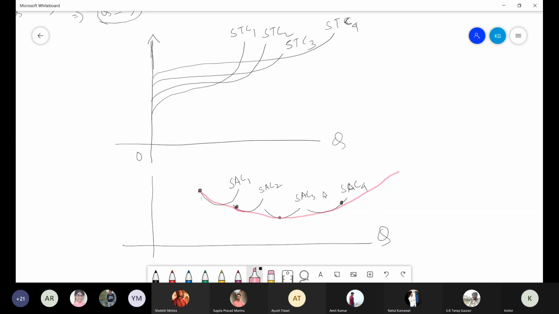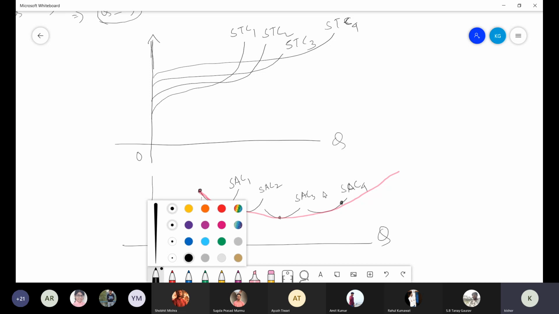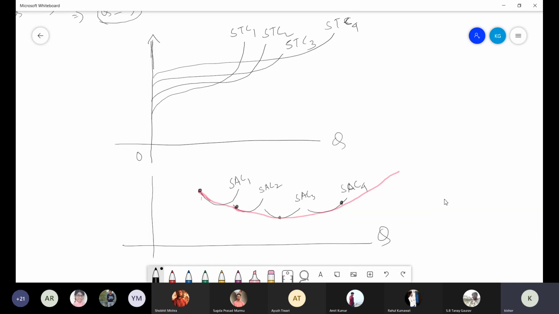This curve will not come below this SSC. SSC will not come below this line. It will not come below this line. Means your SSC is something like this, something like that.